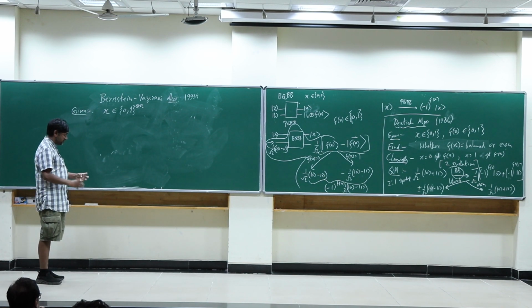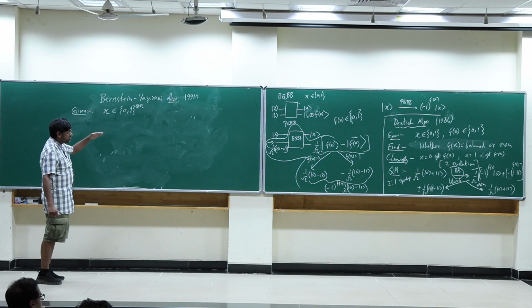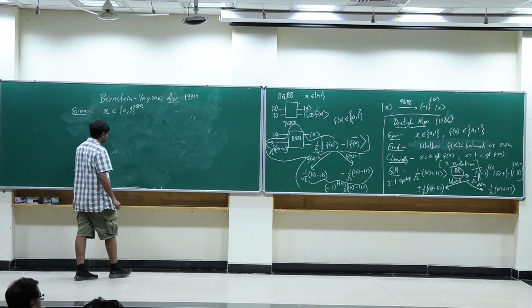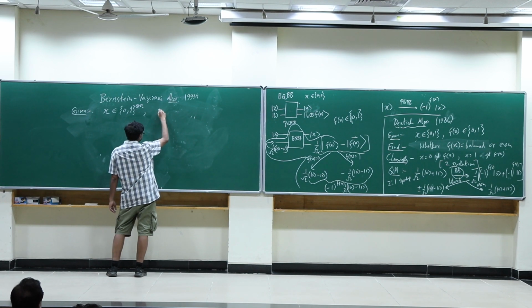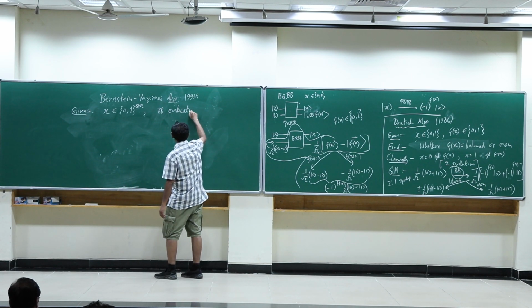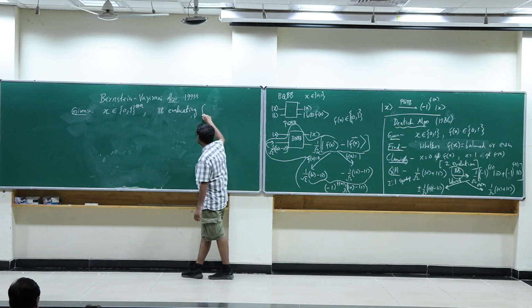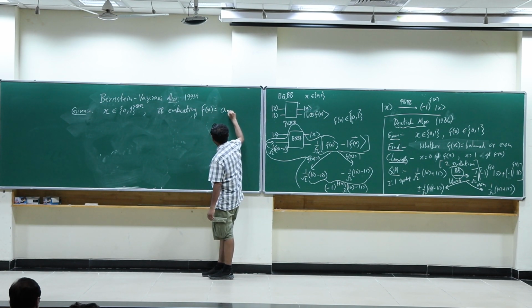That's the domain of the function. Now, what are the values the function can have? We are given a black box that can evaluate f of x equal to a dot x.